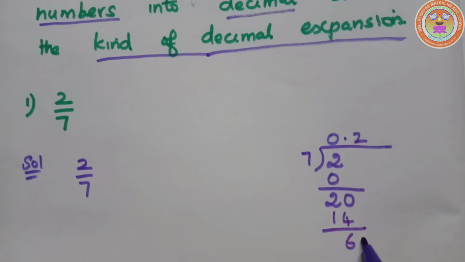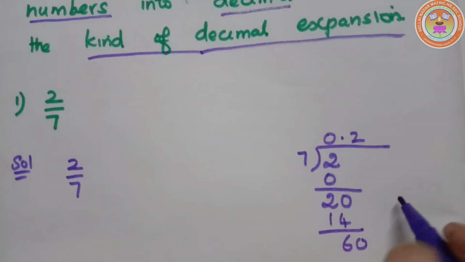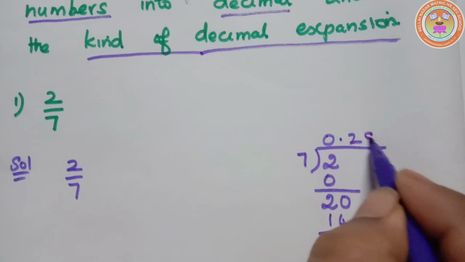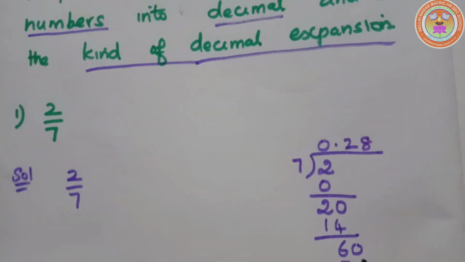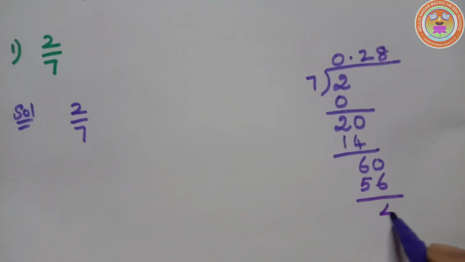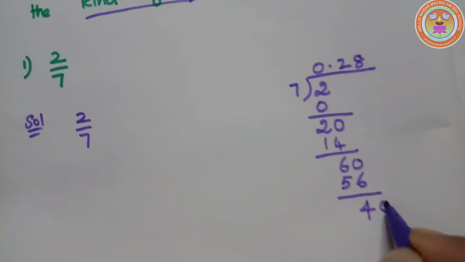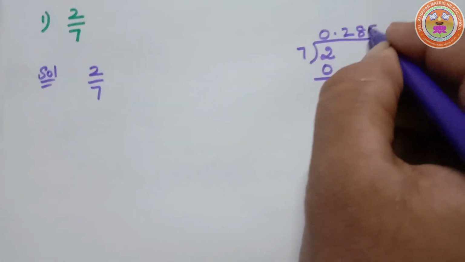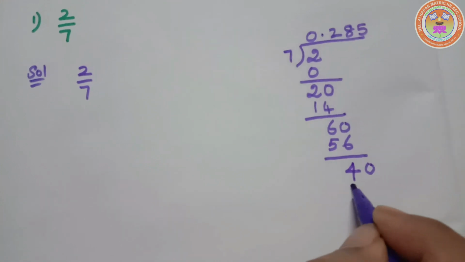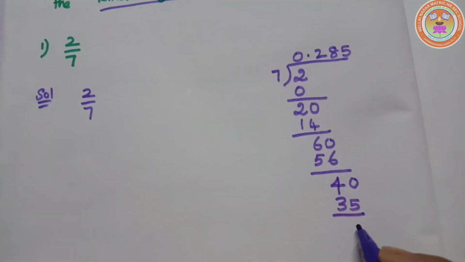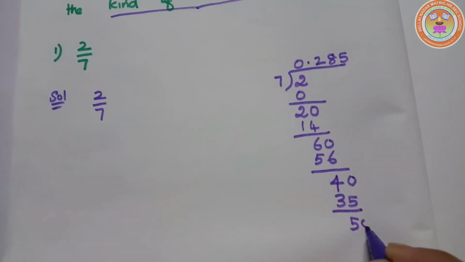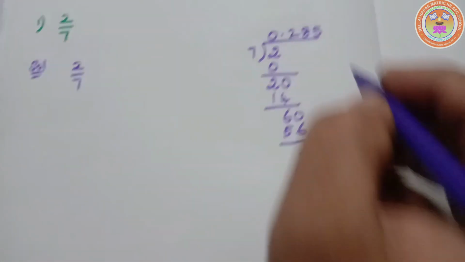Balance 6, again take 0. How many times? 7 eights are 56. Balance 4, again take 0. 7 how many times? 7 fives are 35. Balance 5. Again 0. 7 how many times 50?